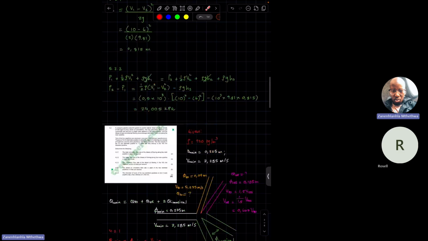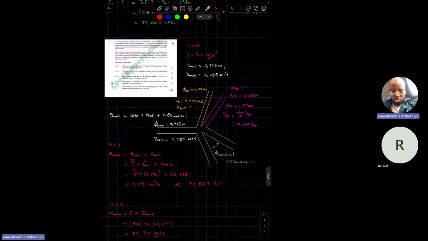So I want to highlight how we look at pipes that are not connected in series, so pipes that are connected, let's say, in parallel, and how that affects the flow rate.